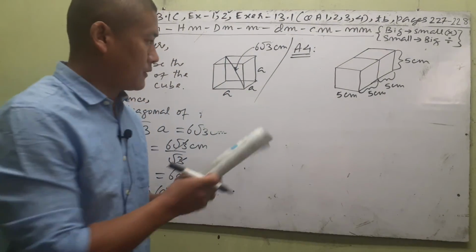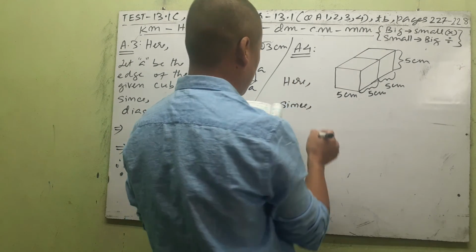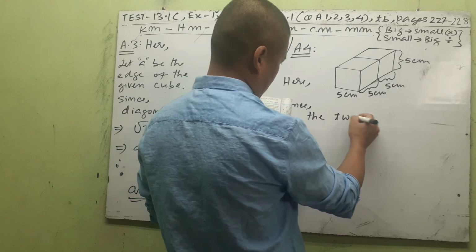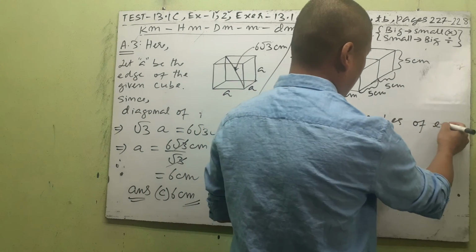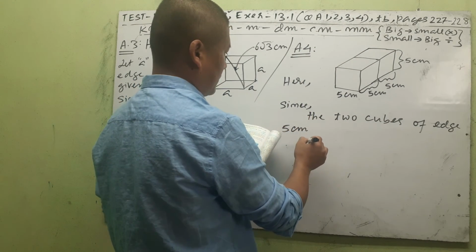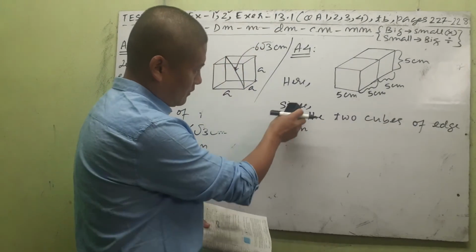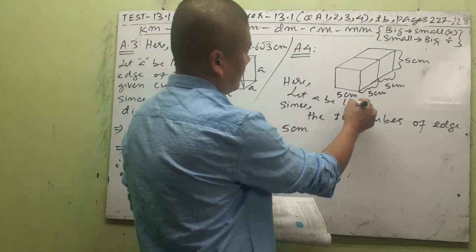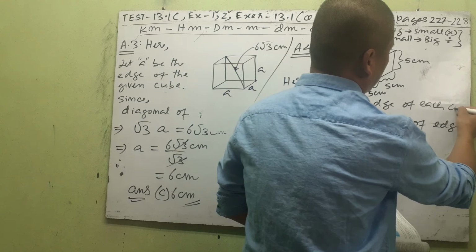So here, since the 2 cubes of edge 5 centimeter, let A be the edge of each of these cubes.